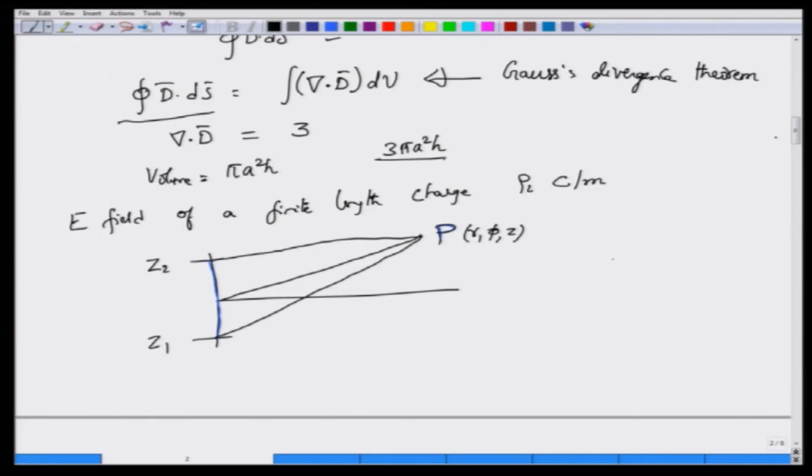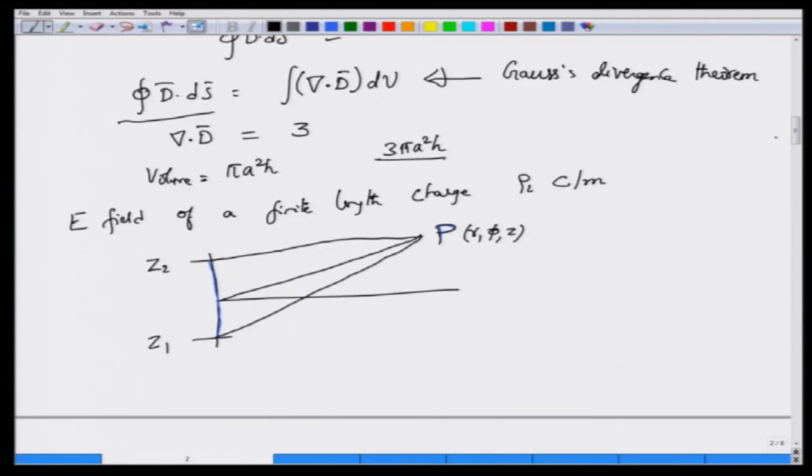You could go up and down along the direction of the charge, but you would not see any difference in the line charge density. However, for a finite length charge, there is obviously no symmetry along z, because you can imagine moving from the lower point z1 and then you keep moving up to the point z2, and beyond that there will not be any charge visible to you, there is no charge extending beyond z2.